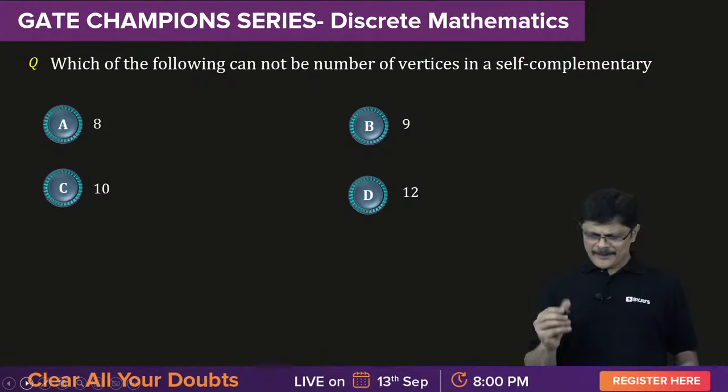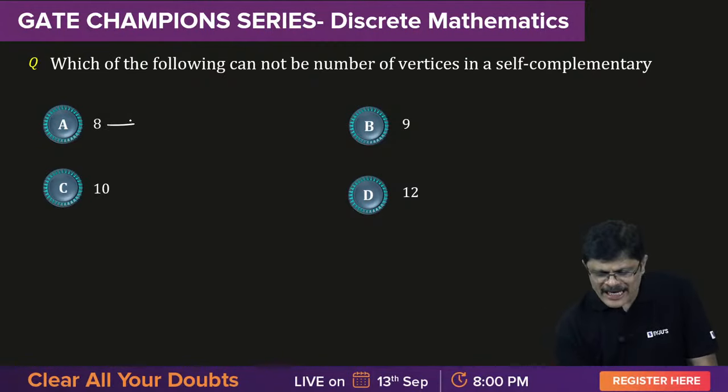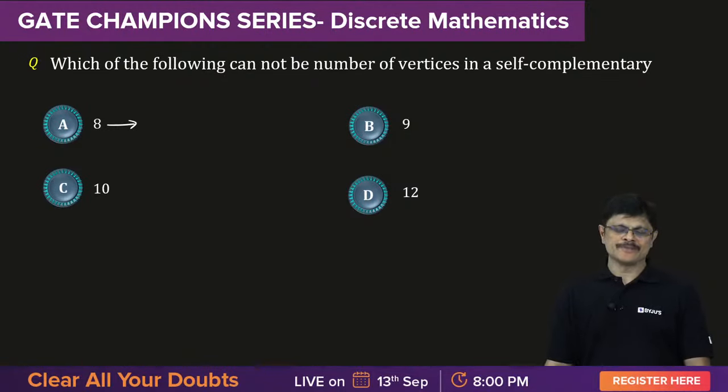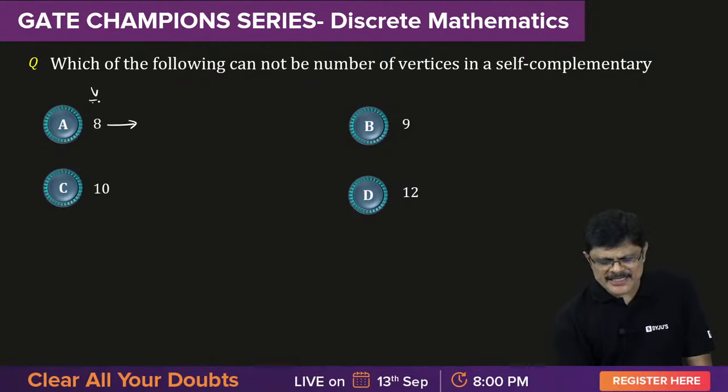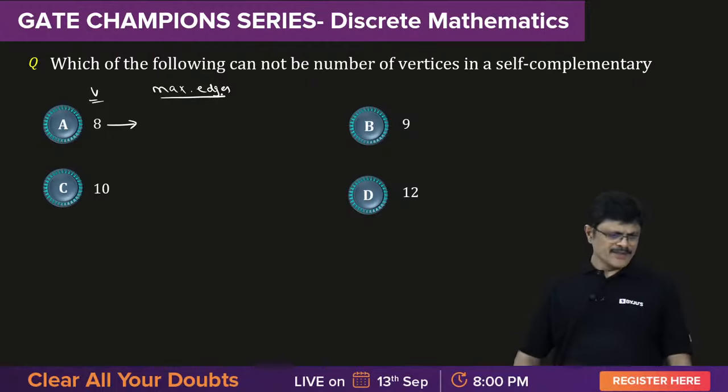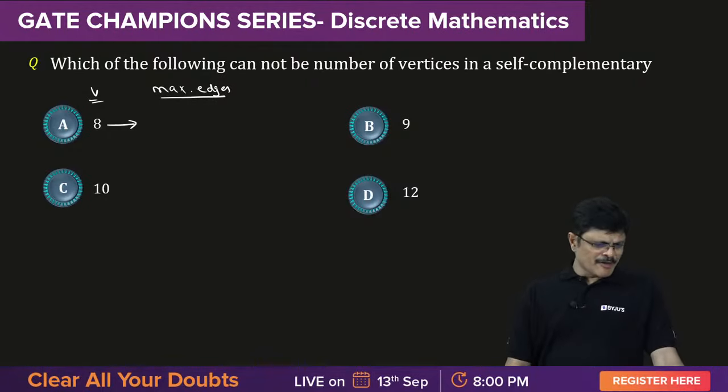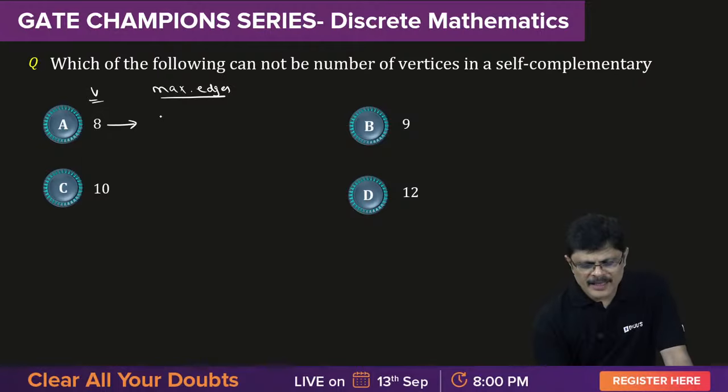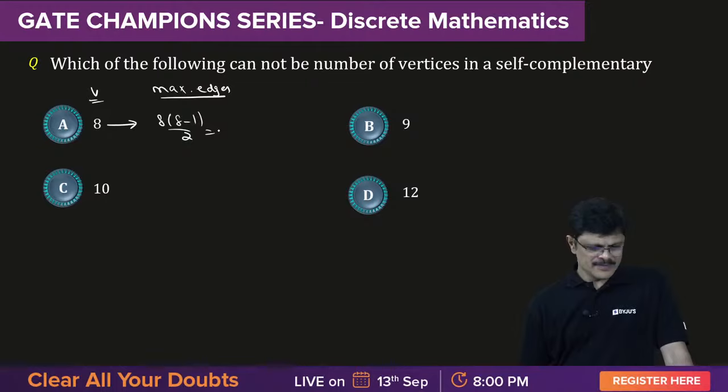So please tell me, if you have 8 vertices, what is the maximum number of edges you can have? 8 into 8 minus 1 by 2, that is 4 sevens, 28.